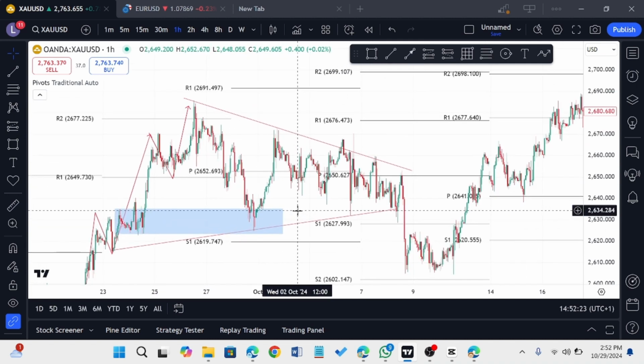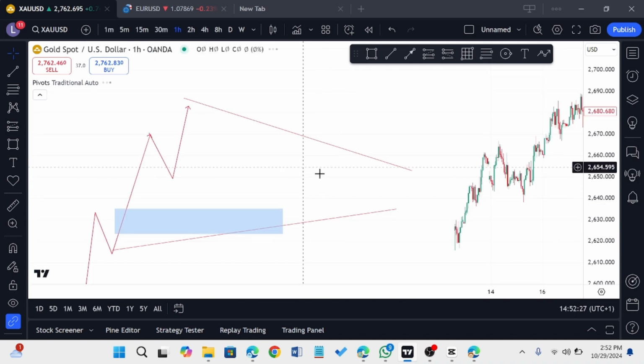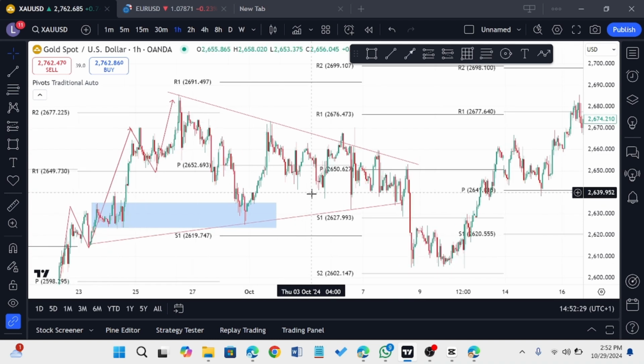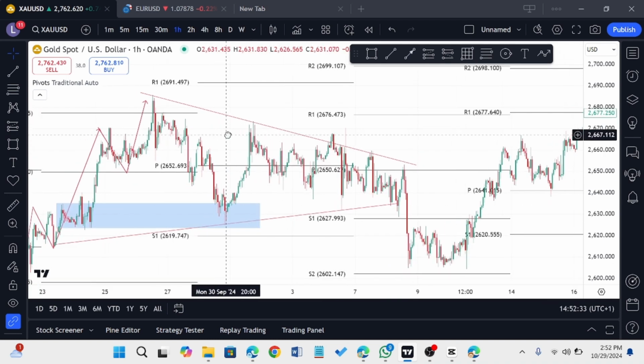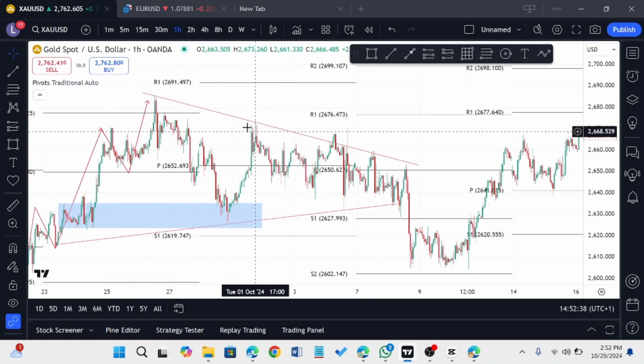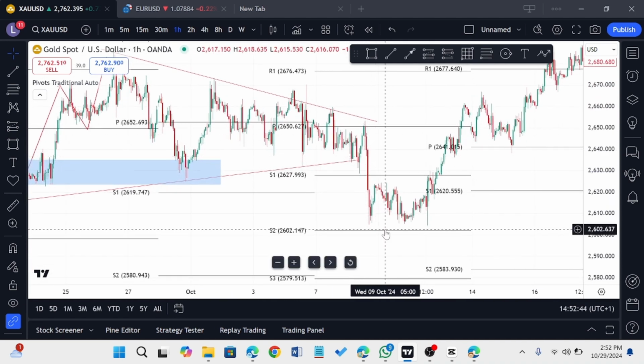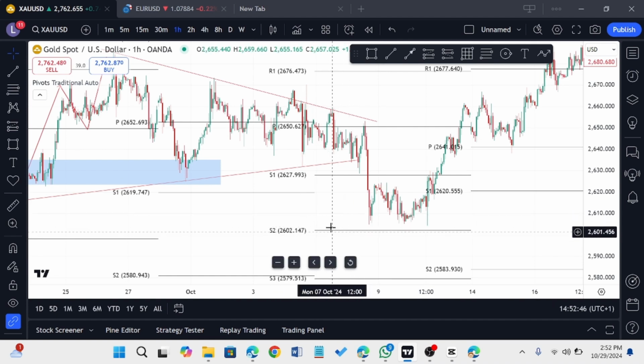And price reacted, and you can see price react from this trend line right here, and you can see the consolidation just continues until we had a massive breakout to the downside and a reaction from the S2.